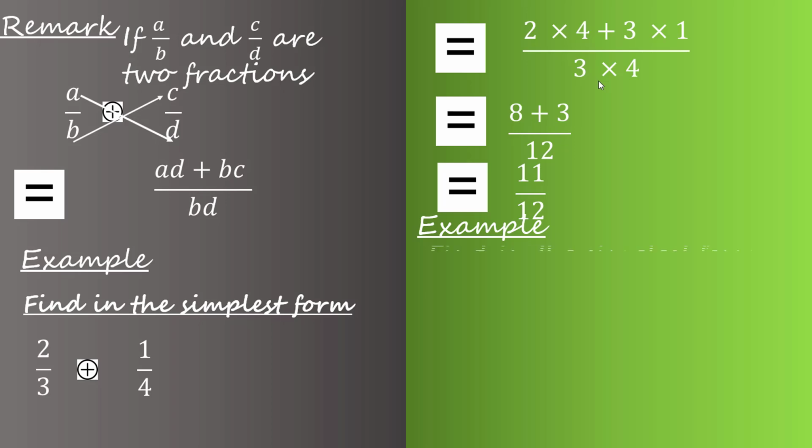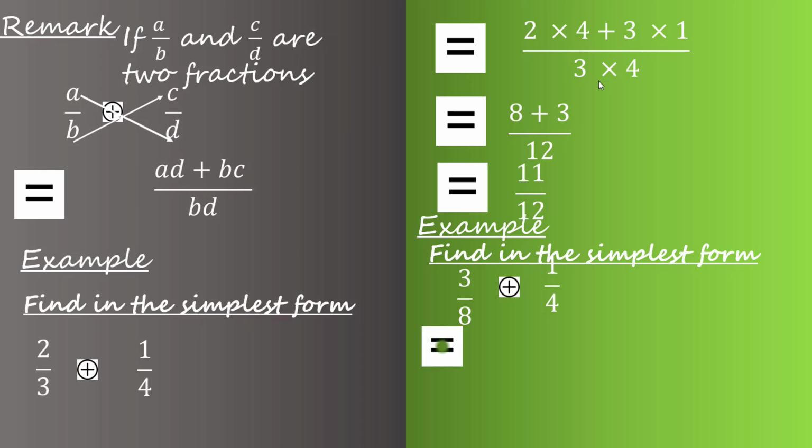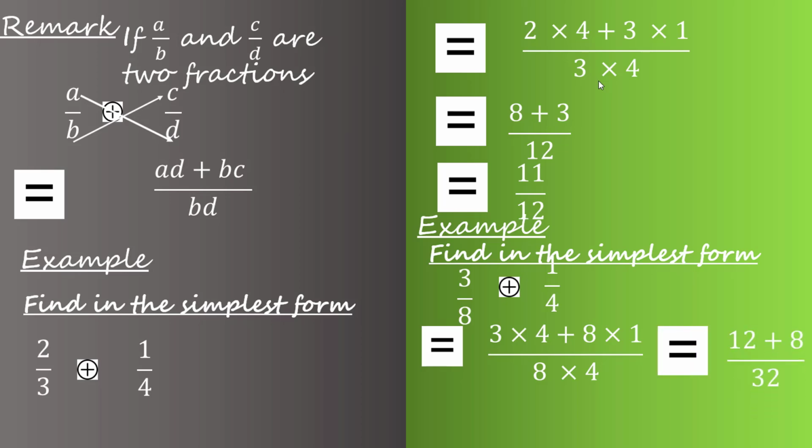Another example: find in the simplest form 3 over 8 plus 1 over 4. By the same way, we have here the new denominator, which is 32, 8 times 4, and cross products 3 times 4 plus 8 times 1. So it will be 12 plus 8 over 32.